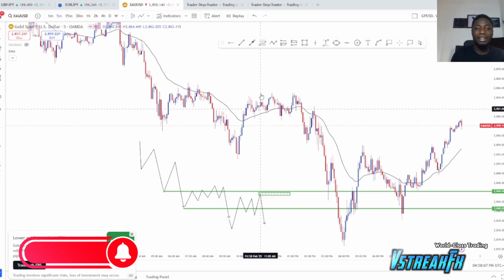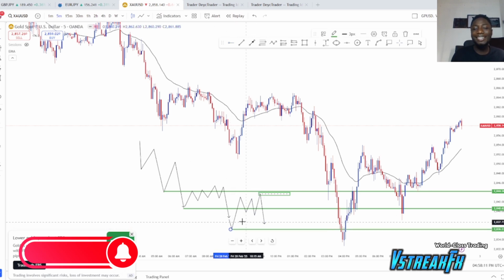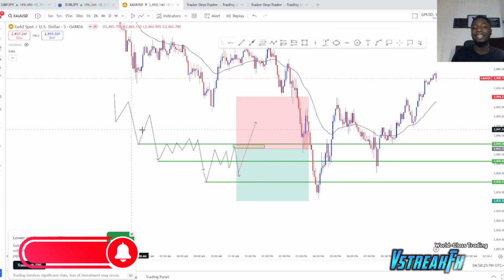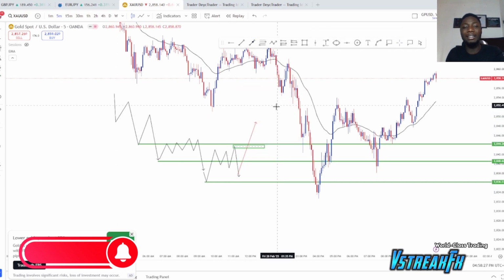You can't take away that this is still the previous lower low. You can't take that away from it. And most of us will take the trade around there, feeling like this is a new low, and we get stopped out almost instantly. So you have to understand how to trade the market structure correctly.